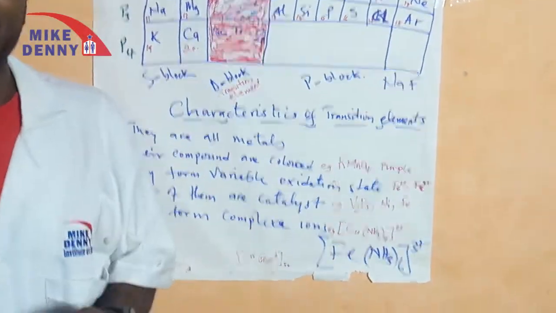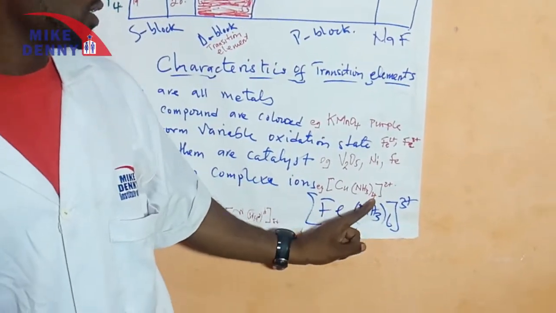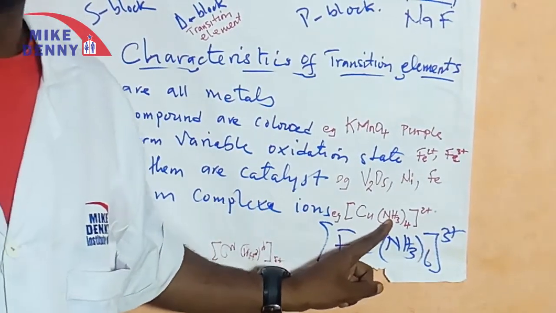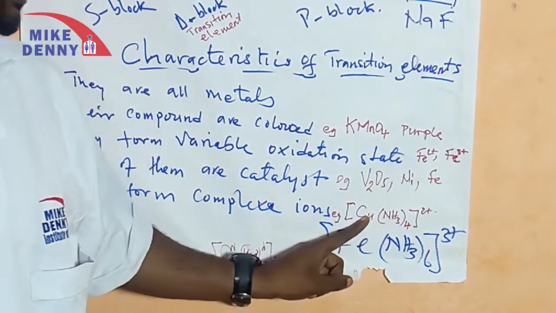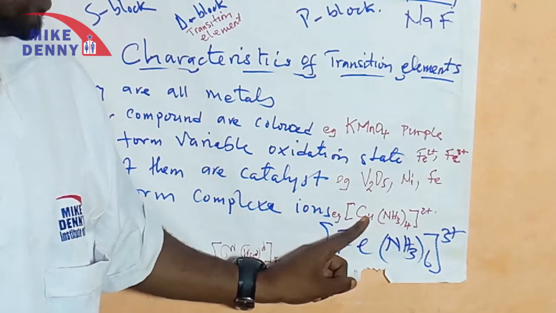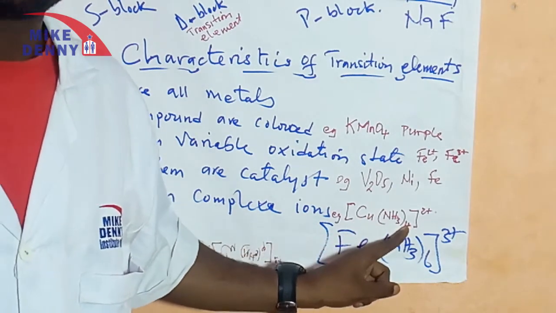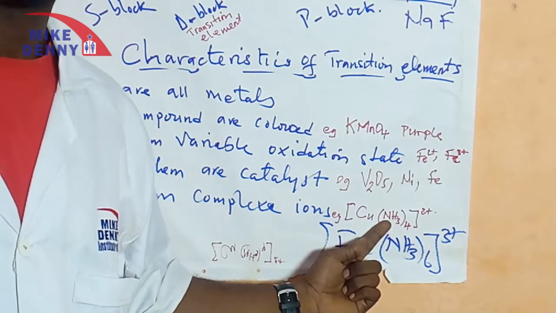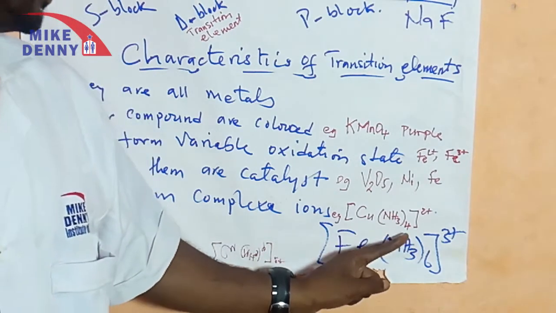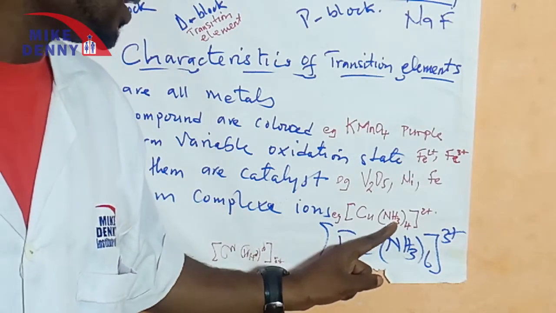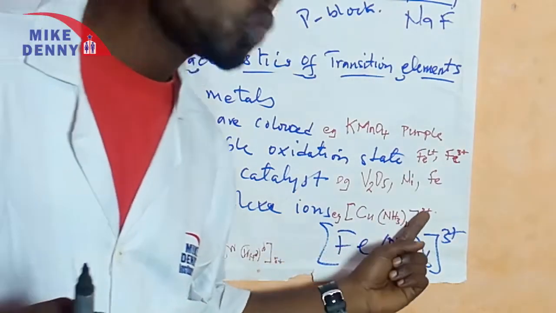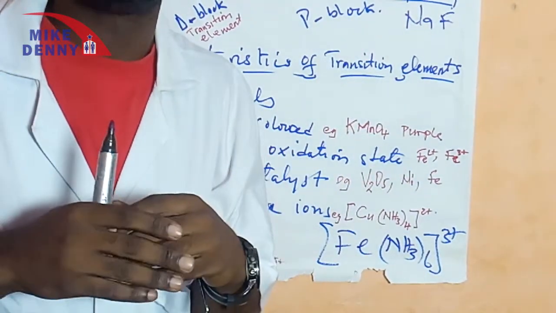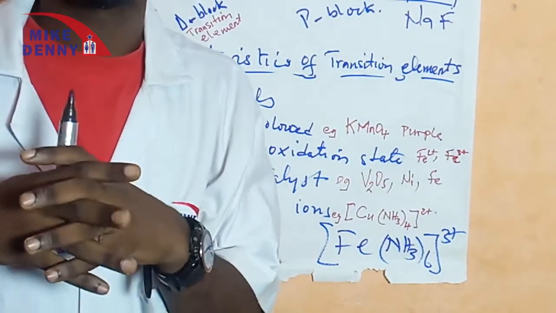For example, I have, this is 4, this is ammonia, and this is copper. Now, 4, we call it tetra. In this form, we call ammonia ammine. Tetraammine copper 2 ions. That is a characteristic of a transition element.